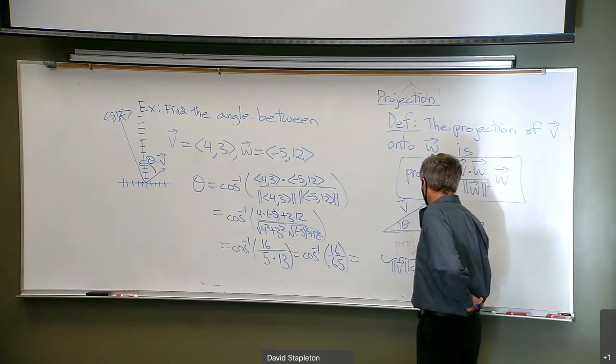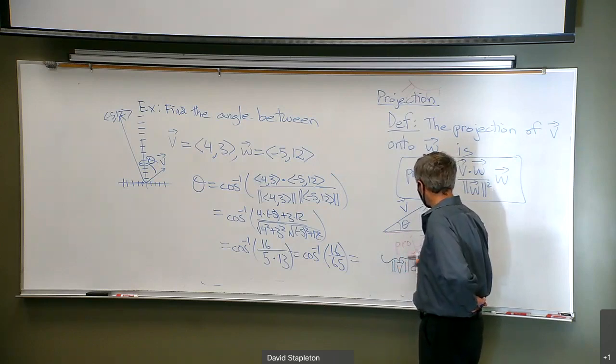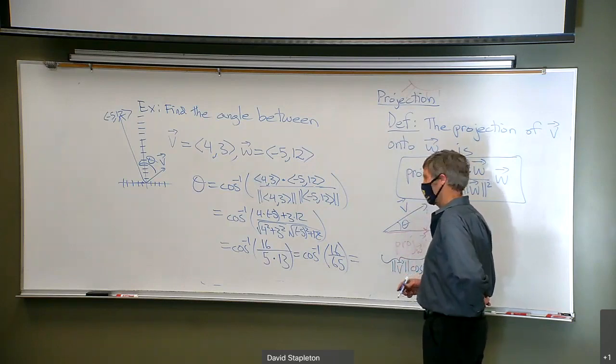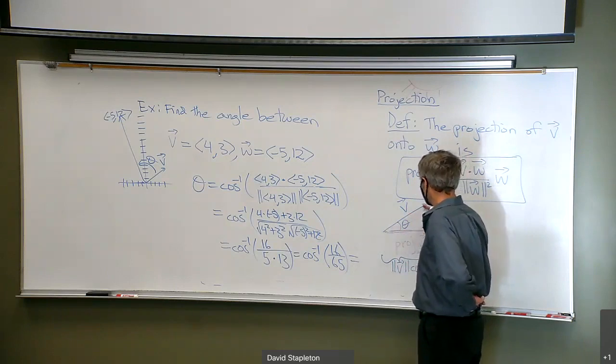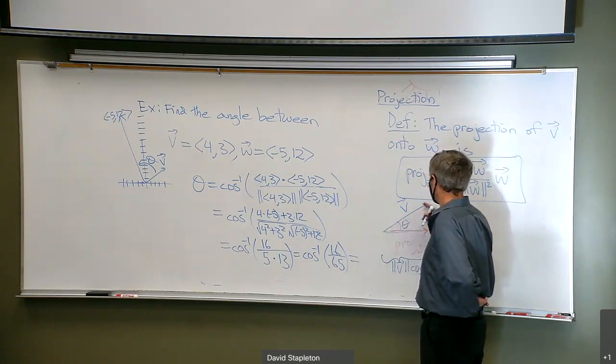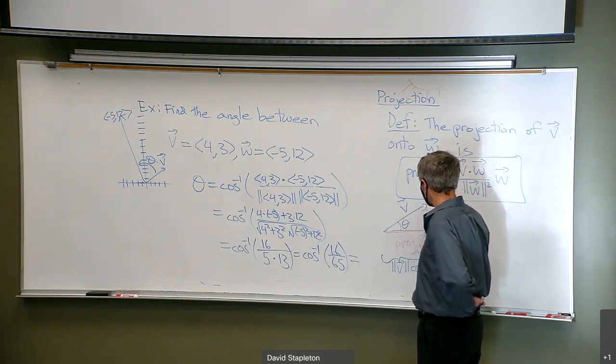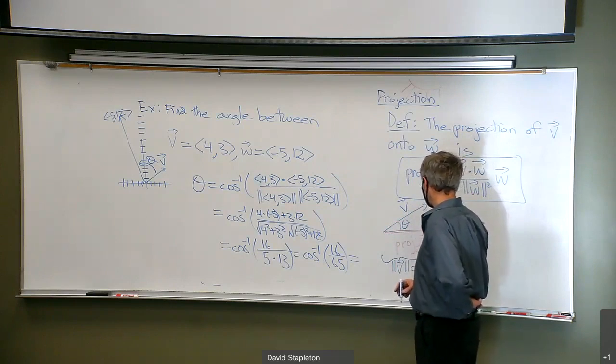So that this over this is the cosine of the angle. That's true in any triangle, right? If you have a hypotenuse C, then this is C times the cosine of the angle, and this is C times the sine of the angle, so that they have the right ratio. Right? So this one will be length of V cosine theta.